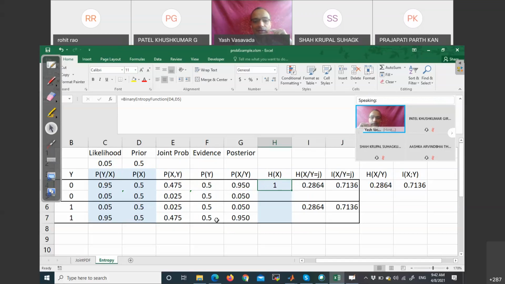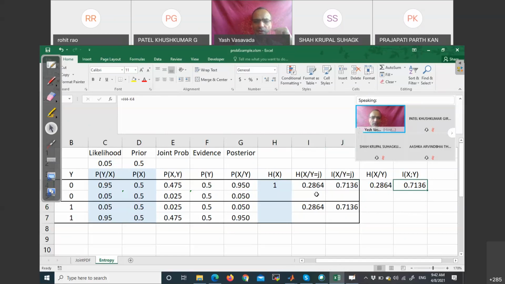Now in this case, for both the cases, whether you get y equal to 0 or y equal to 1, you get exactly the same amount of information, which is 0.7136 bits. And therefore, the average information that you get is also 0.71 bit.